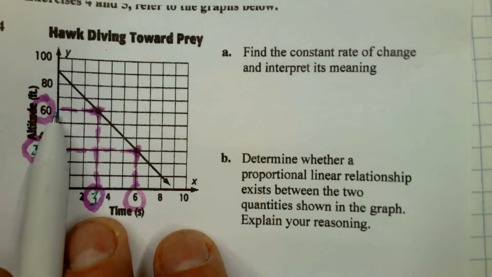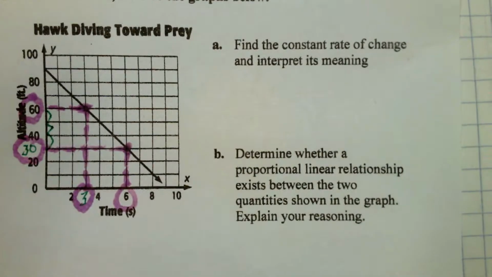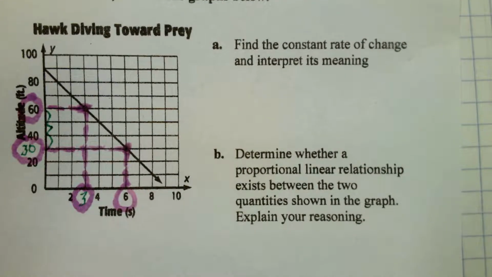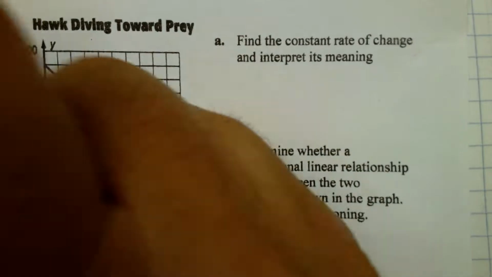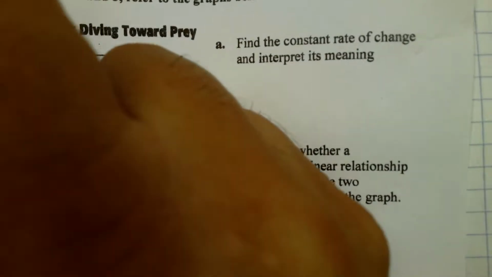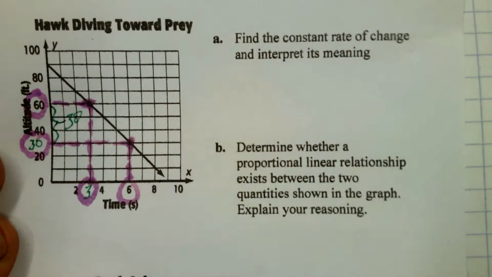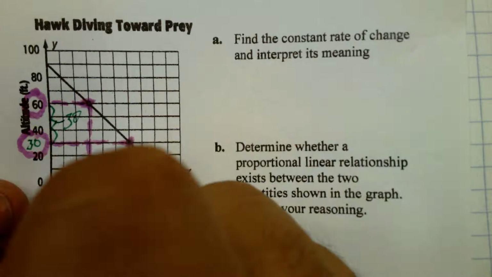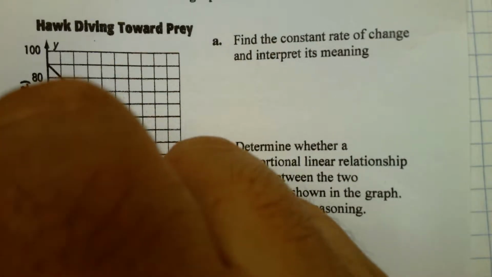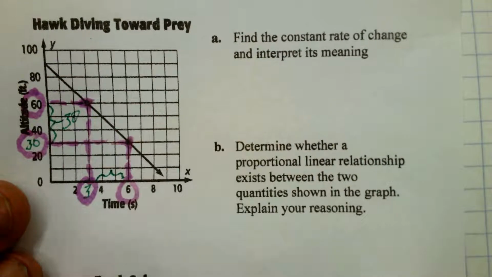If we're going from 60 to 30, what's the change there? 30. But is it positive 30 or negative 30? Yeah, you're going from 60 down to 30. So you lost 30, negative 30. That's going to be important in a little bit. Now, if we're going from 3 to 6, that's a change of what?